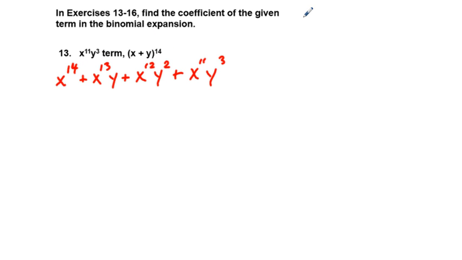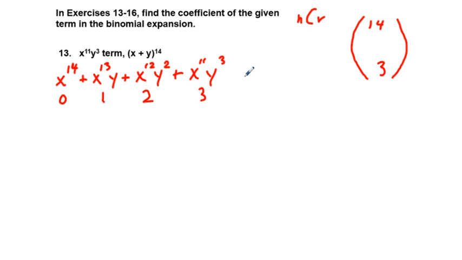When we have this nCr, we've talked about nCr, n choose r, which you sometimes see written with the parentheses. We put n at the top, which in this case is 14, and then we're going to have our 0, 1, 2, 3. So we're going to have 14 choose 3.